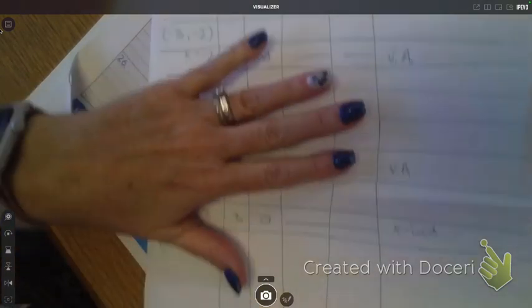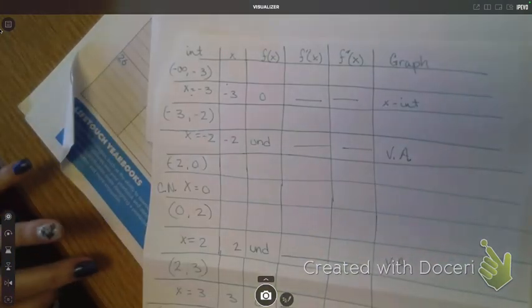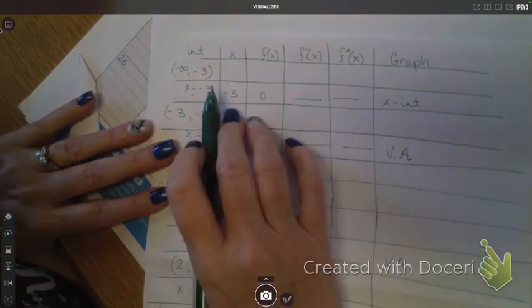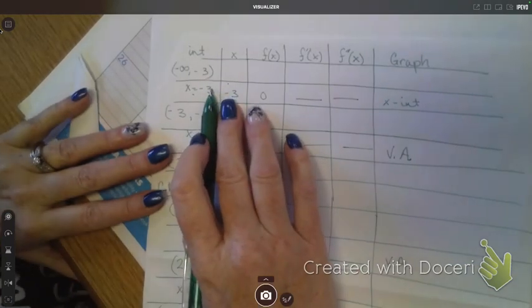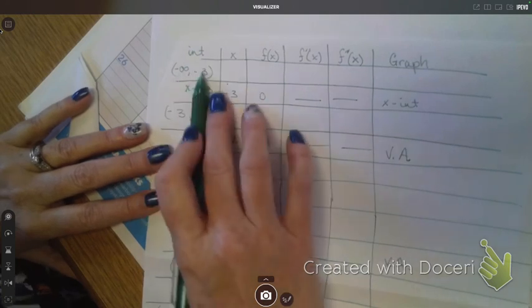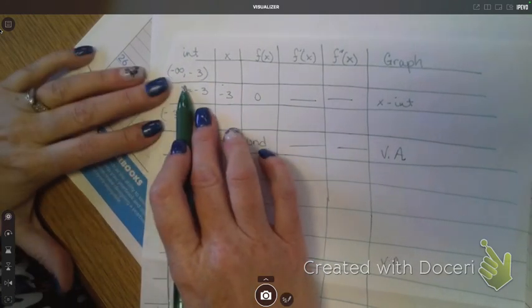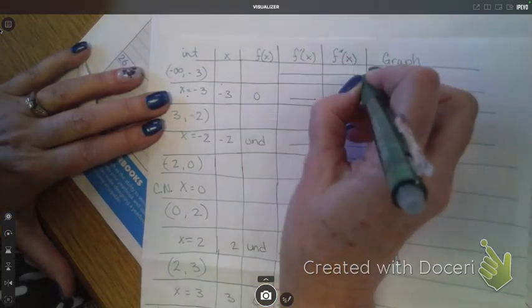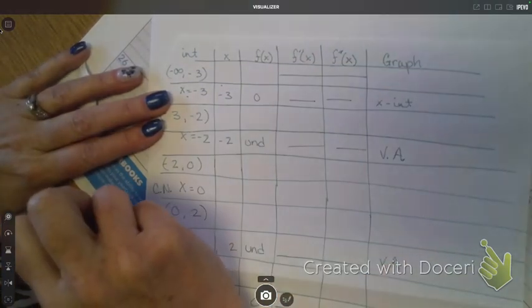So we need to come up here. Okay, so this right here came from an x-intercept, so we're only doing positive or negative. So I'm not going to do first or second derivative.